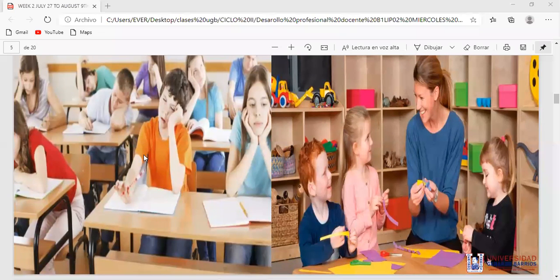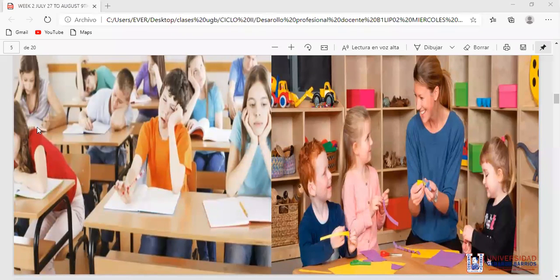I think in the first image, the children are bored. Okay. Because in traditional education, the actor is the teacher, not the student. Okay. In the second image, I think the teacher is herramienta.